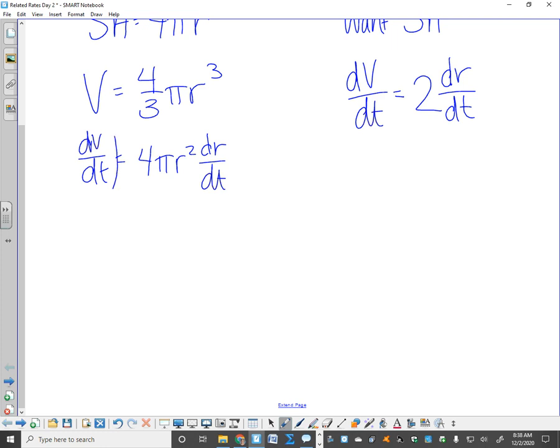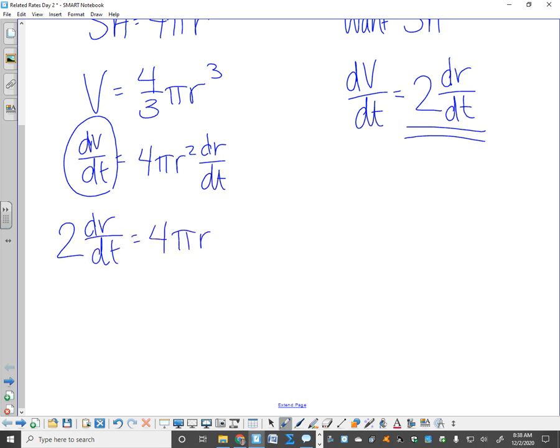So I'm going to replace this with that, like substitution. So 2 dr/dt, because my dr/dt's will divide and cancel. If I divide both sides, they're going to cancel. So now I can solve for r.